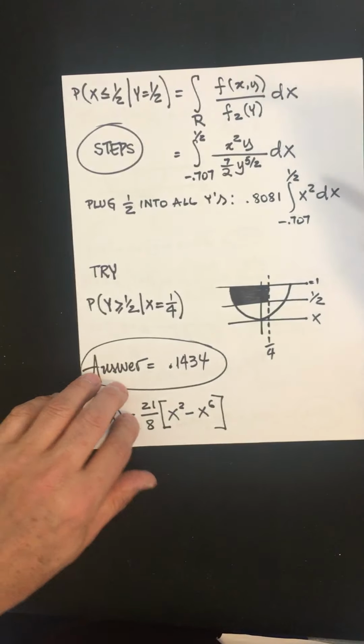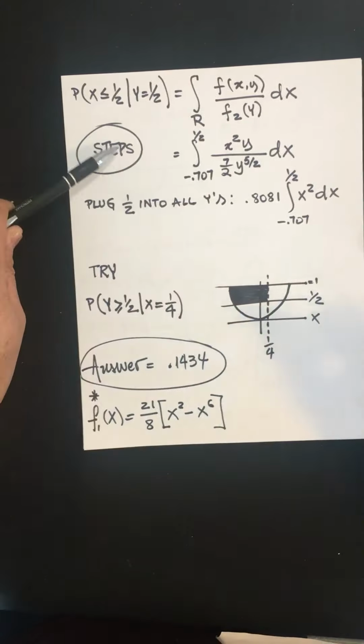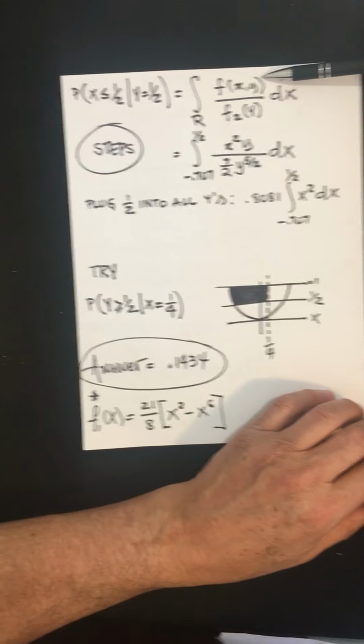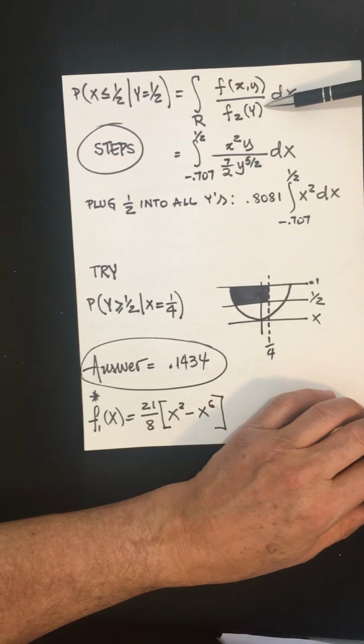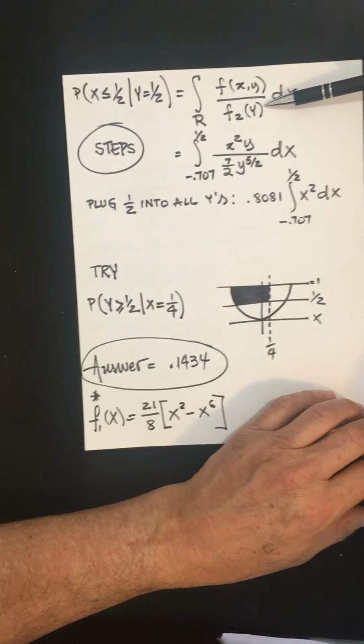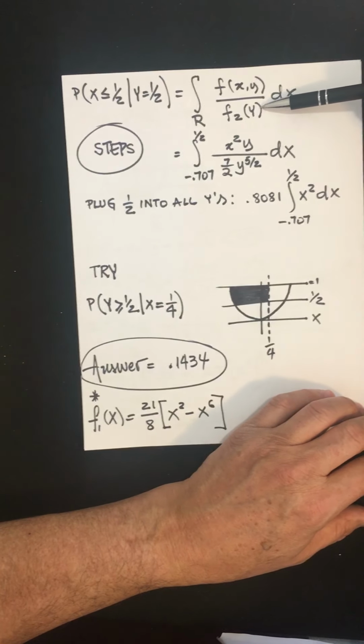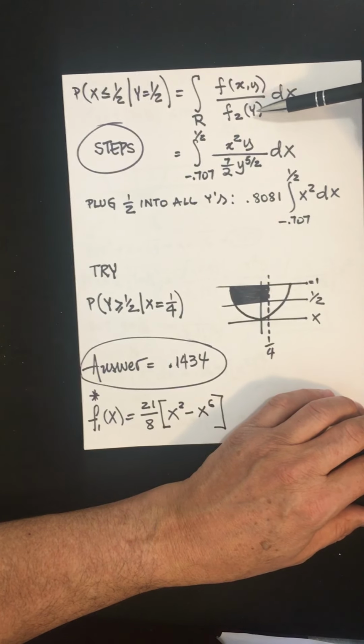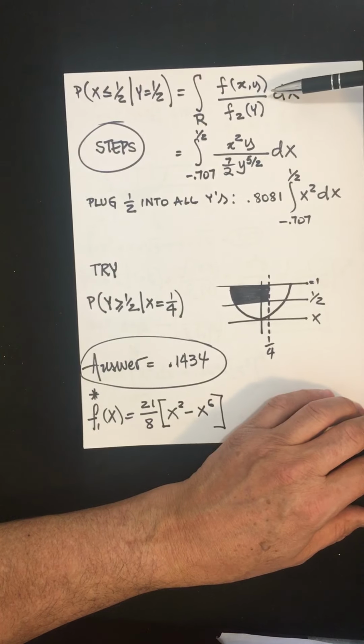Now, let's walk through this example. Here are the steps. Function of x and y is given. Function 2 of y you find by integrating over dx. Okay? You're integrating a double variable over dx in order to find the function 2 of y.